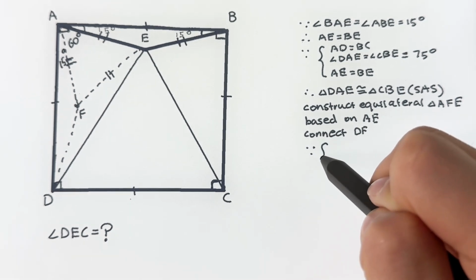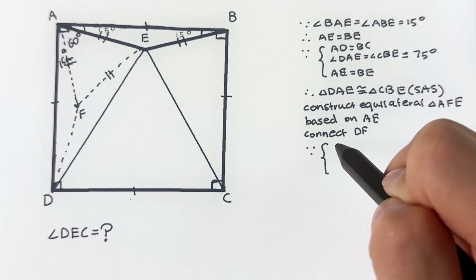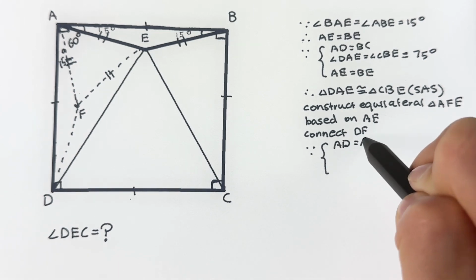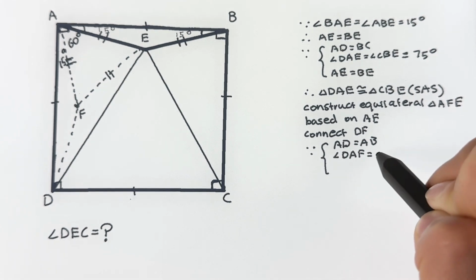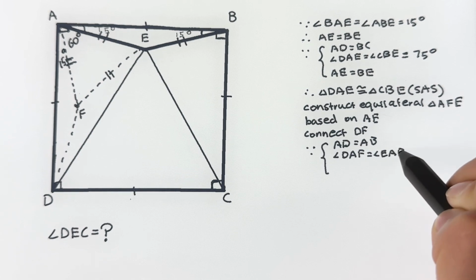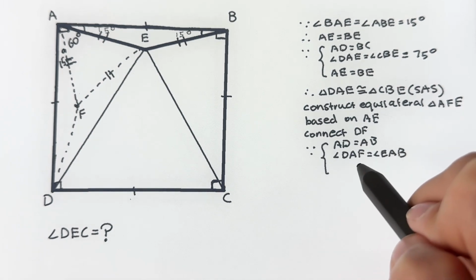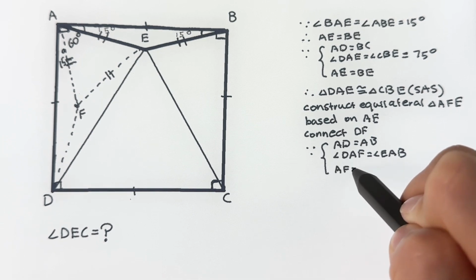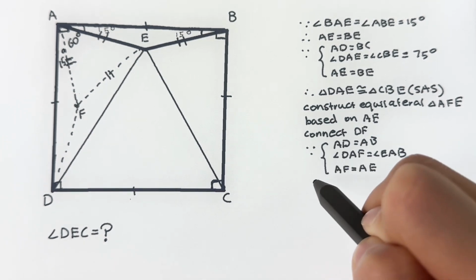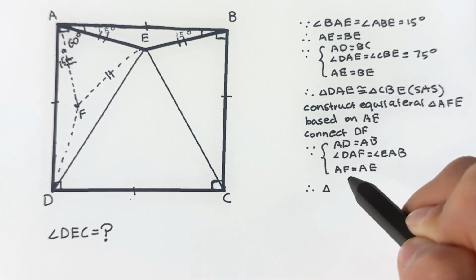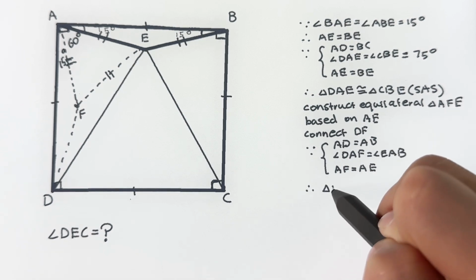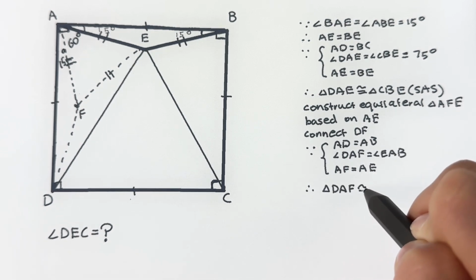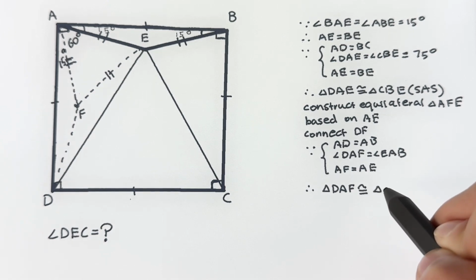So since AD equals AB, angle DAF equals angle EAB, and AF equals AE, triangle DAF is congruent to triangle BAE by the SAS congruence.